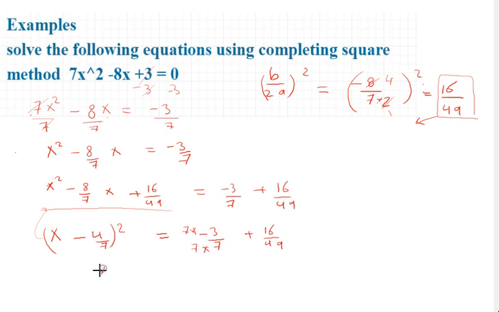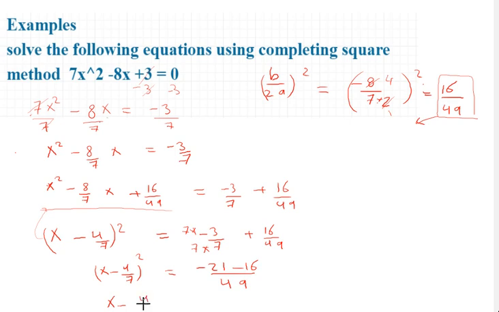Now I get (x - 4)/7 squared equals 7 multiplied by 3, which is minus 21, plus 16 over 49.